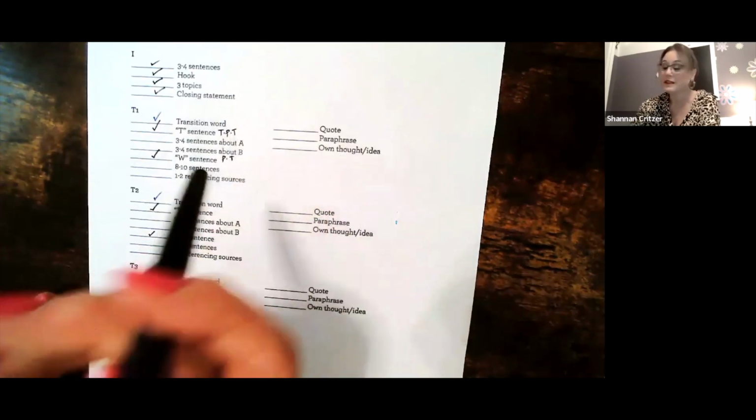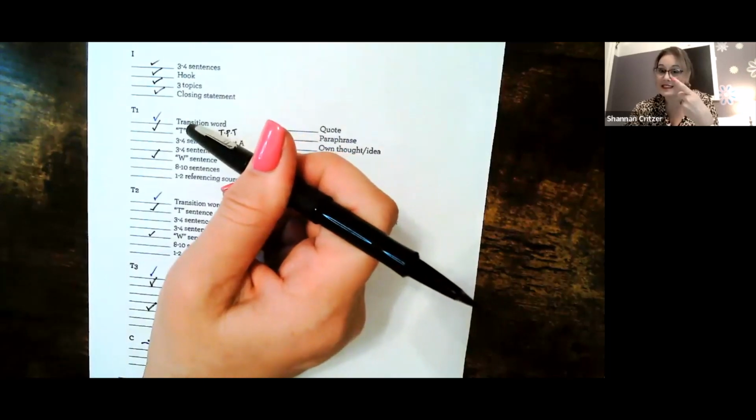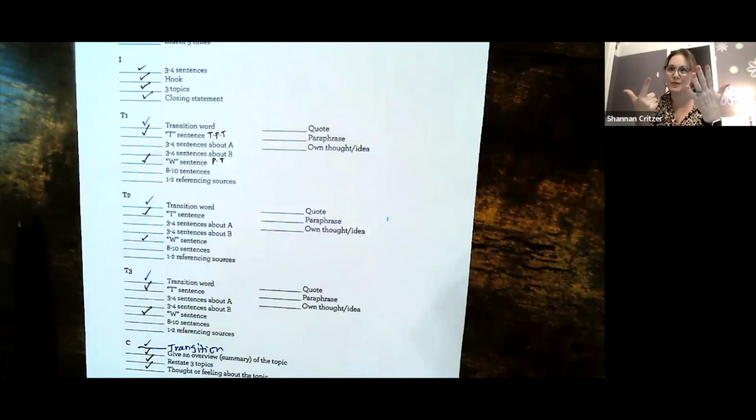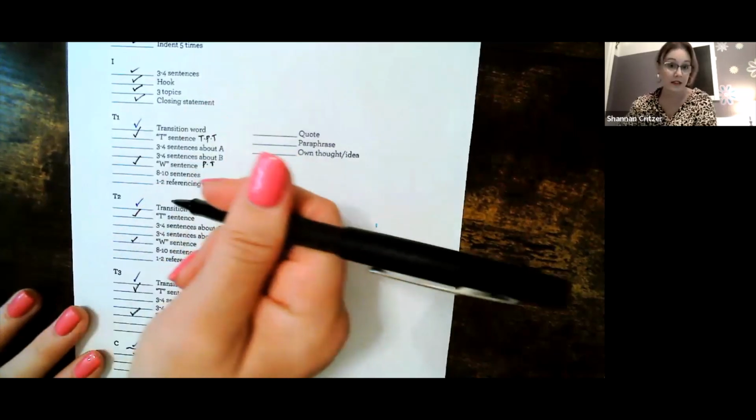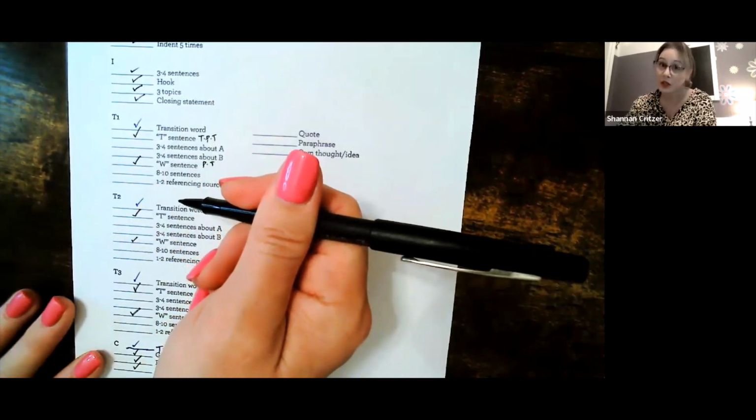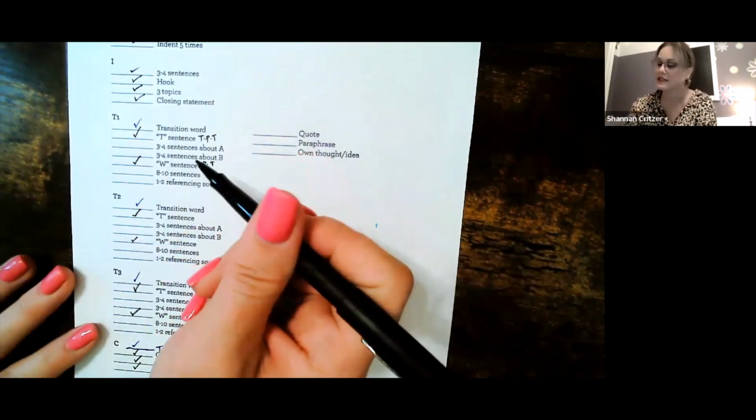So typically you have your T sentence, 3 sentences for point A, 3 sentences for point B, and your W sentence. That would be 8. Okay, that's the very minimum that you would want to have, because that shows that you have not only included all of these things, but that you did learn something. You were writing about those things.